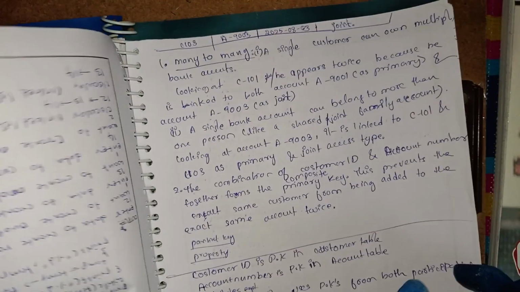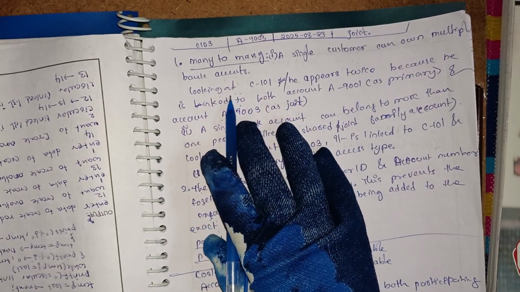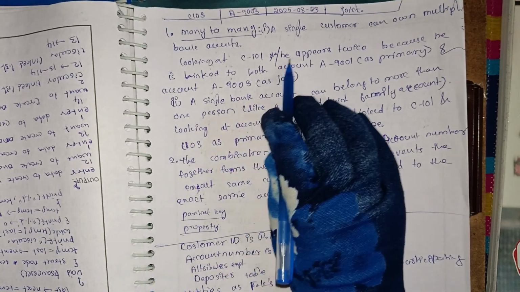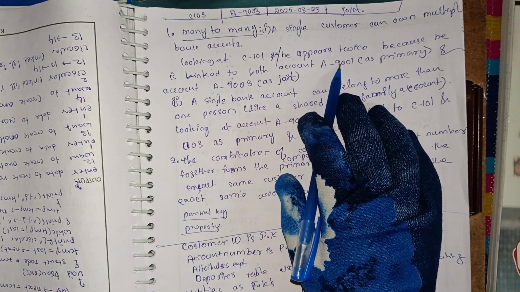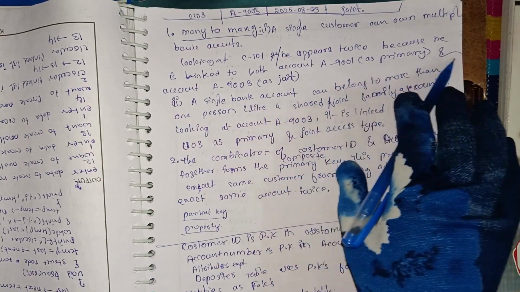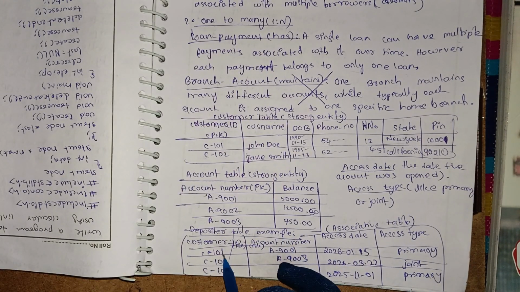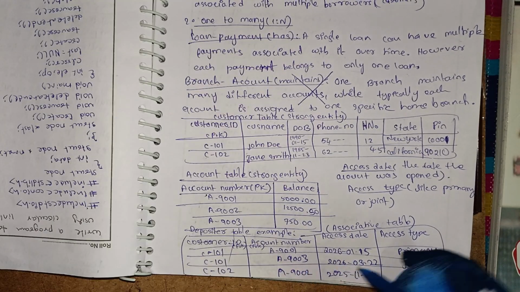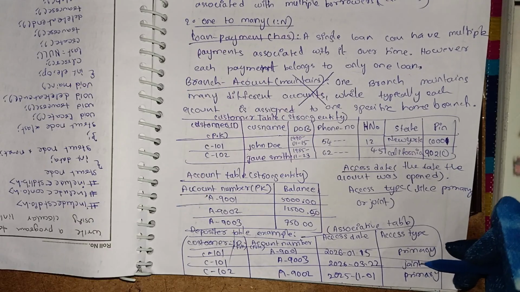First, a single customer can own multiple bank accounts. Means C101 appears twice because it is linked to both account A9001 as primary and account A9003 as joint. This particular C101 is linked to A9001 and A9003 as primary access type and as a joint access type.